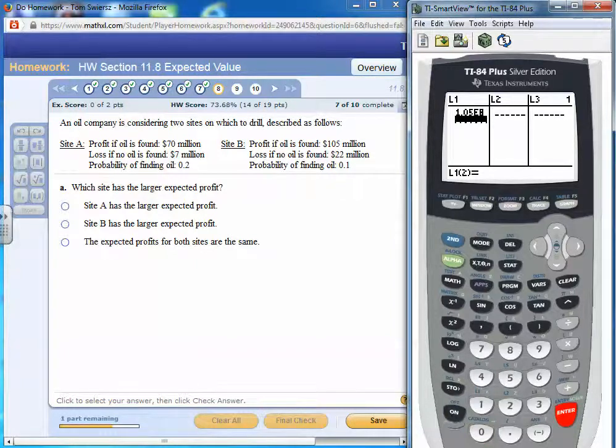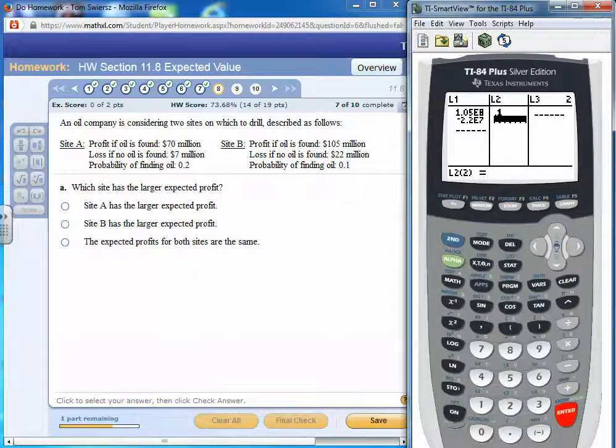If oil's not found, we lose, so a negative 22 million, followed by 6 zeros. Now the probability of finding oil in this one is 0.1, right? There it is for site B.